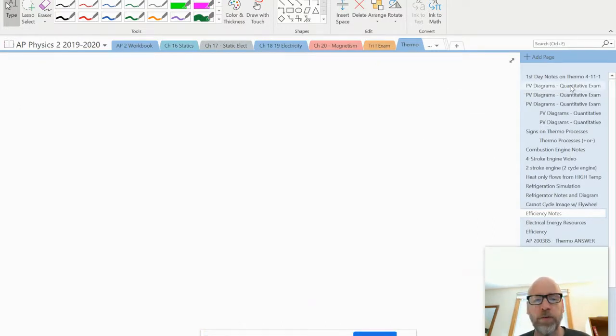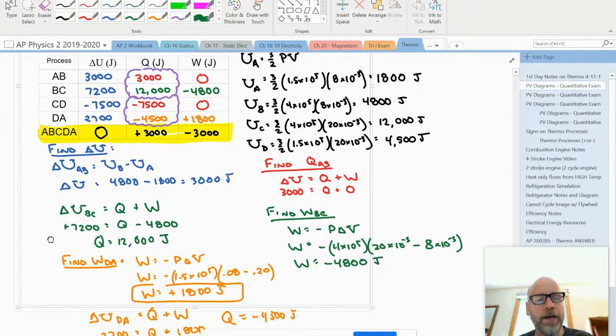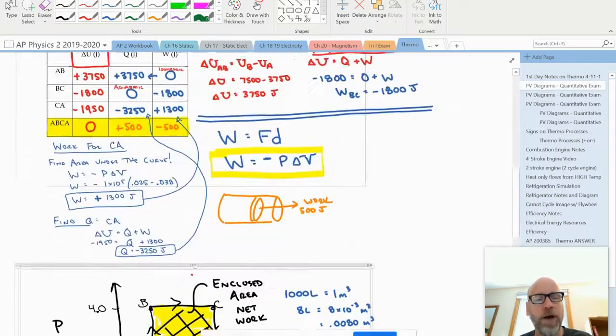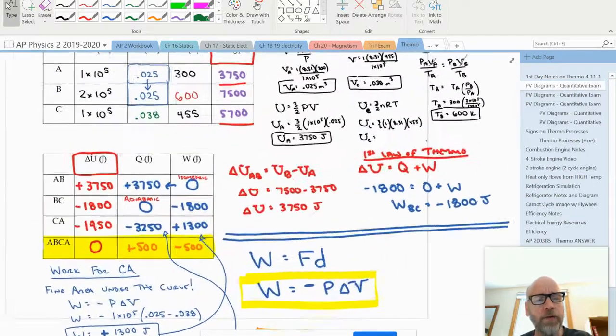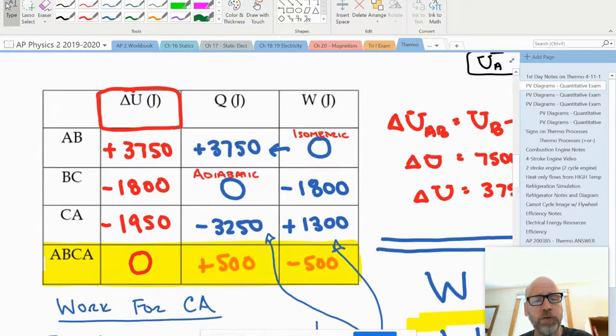We did this beautiful example back at the beginning when we started looking at the math, and we found that 500 joules of work was done by the gas, and 500 joules total of heat was converted into that work.